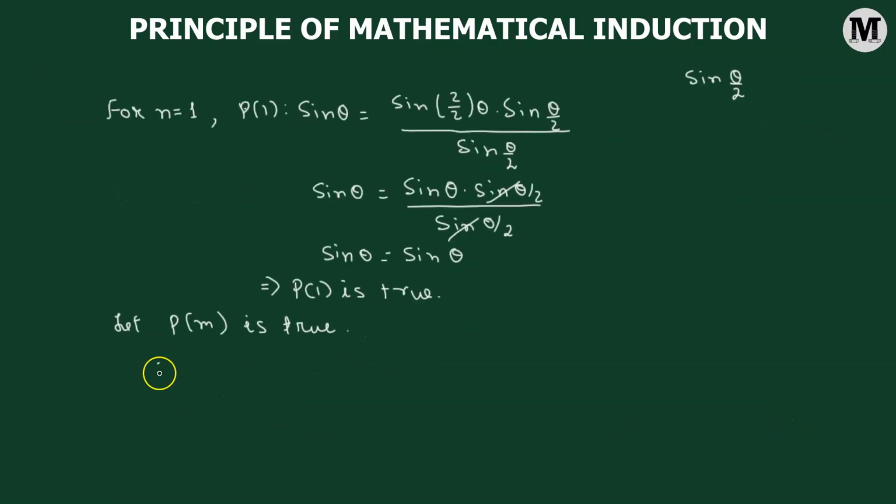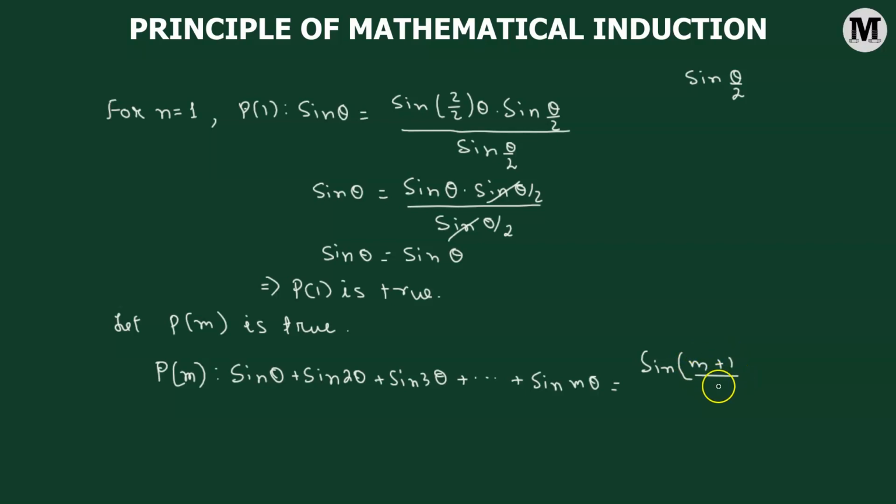So we have P of m such that sine theta added to sine 2 theta added to sine 3 theta, all the way up to the last term, the mth term, sine of m theta, is equal to sine of (m plus 1) over 2 times theta, multiplied by sine of m theta divided by 2, whole divided by sine of theta over 2. Let's call this statement number 2.